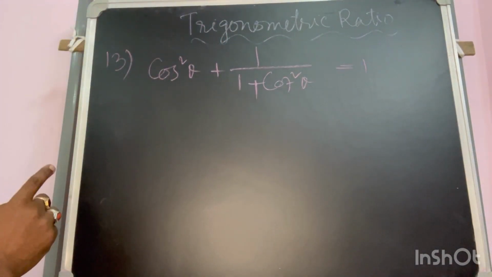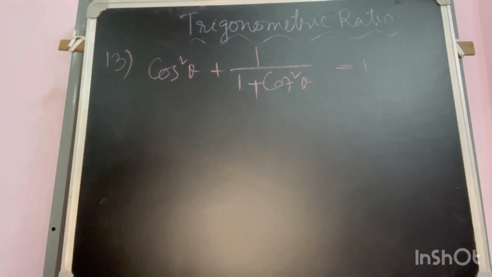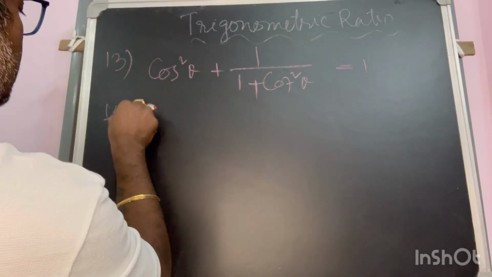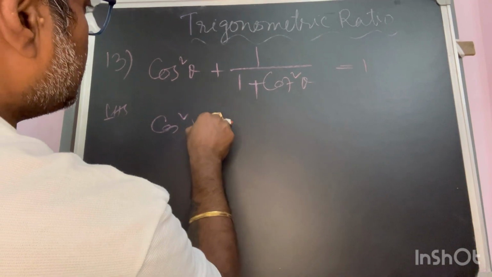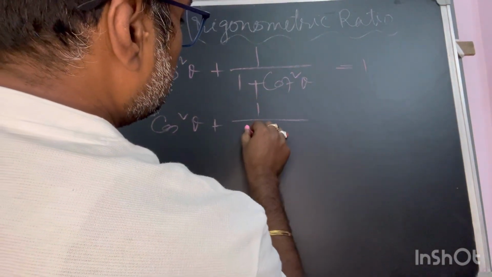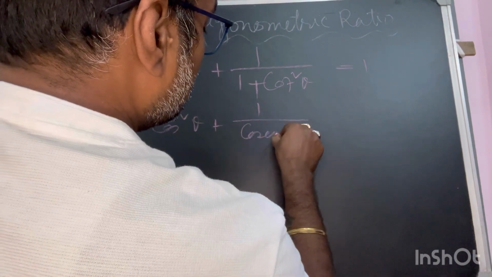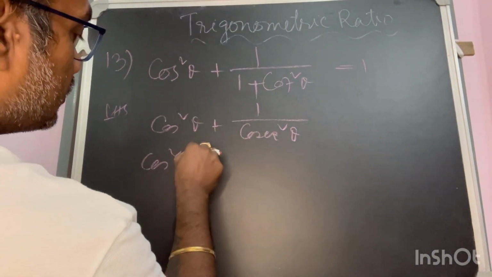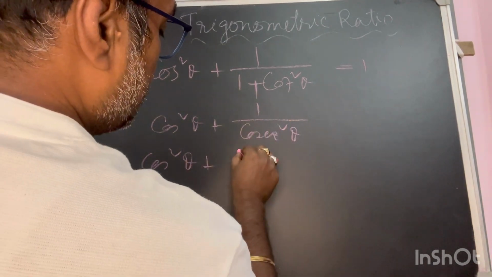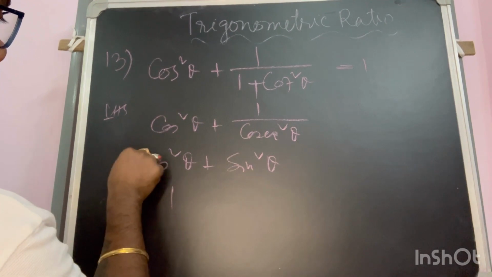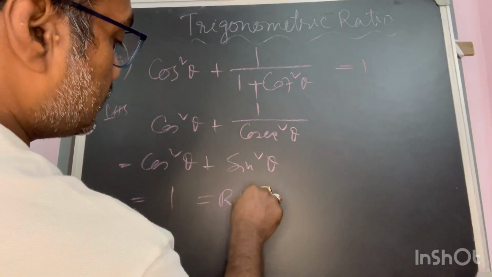Starting with the left hand side, cos square theta plus 1 by 1 plus cot square theta, that is equal to cosec square theta. 1 by cosec means sine, so sine square theta, what is that, is equal to 1, is equal to right hand side.